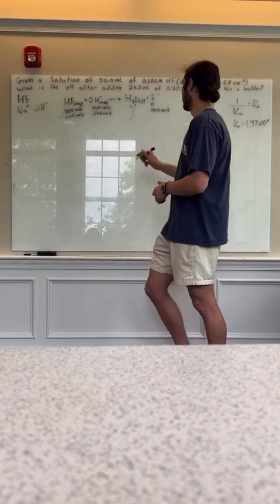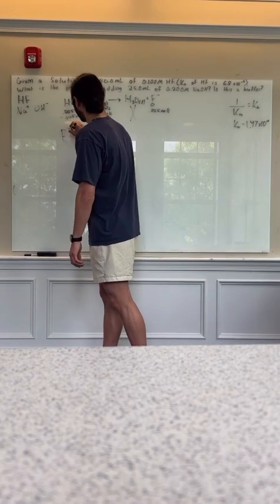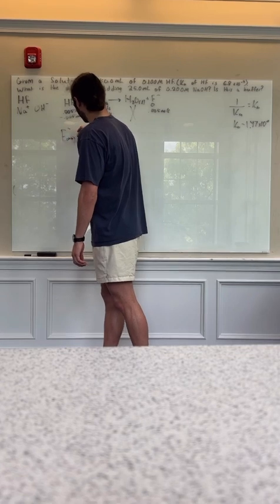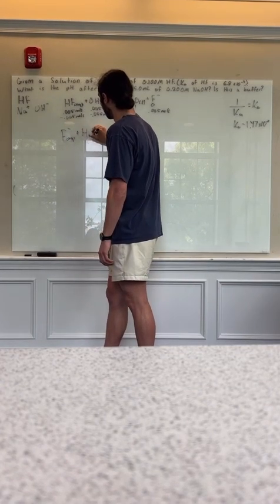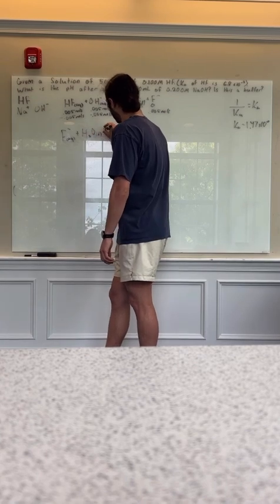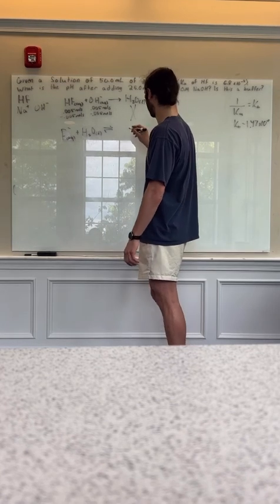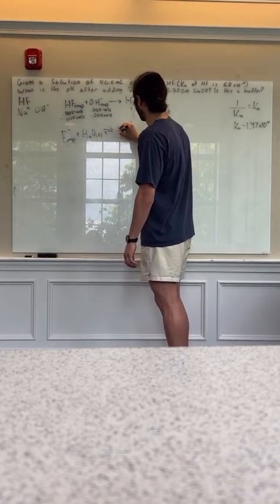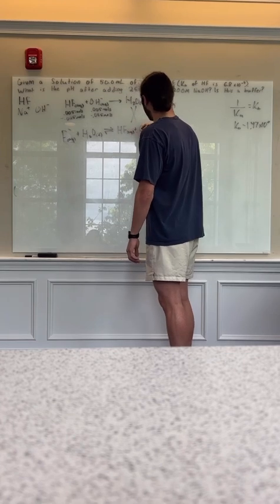And so we need to consider F minus will react with water that's in solution to form, and because it's a weak base, it's not a one-sided arrow, to form HF and OH minus.